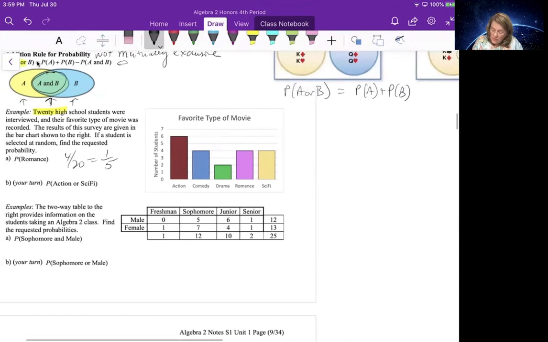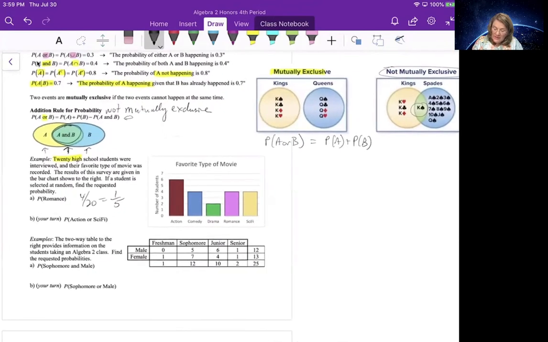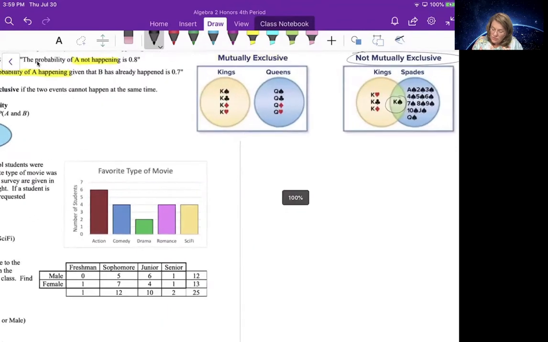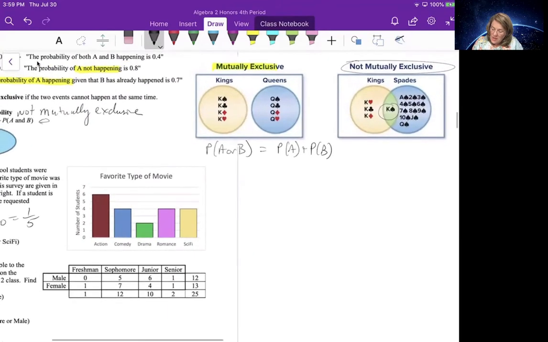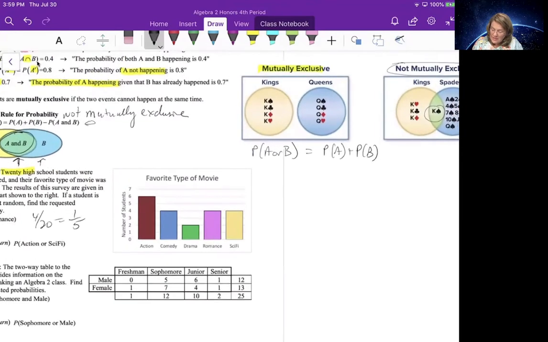Okay, so I'm assuming you've paused and tried it yourself. Now, let me ask you this question. It's "or," so it's an addition problem, and you have to ask yourself, is it mutually exclusive or not? If I go back and look at this picture of mutually exclusive or not, can I have both action and sci-fi as my favorite selection? No, I cannot. And so I'm going to simply add them together.